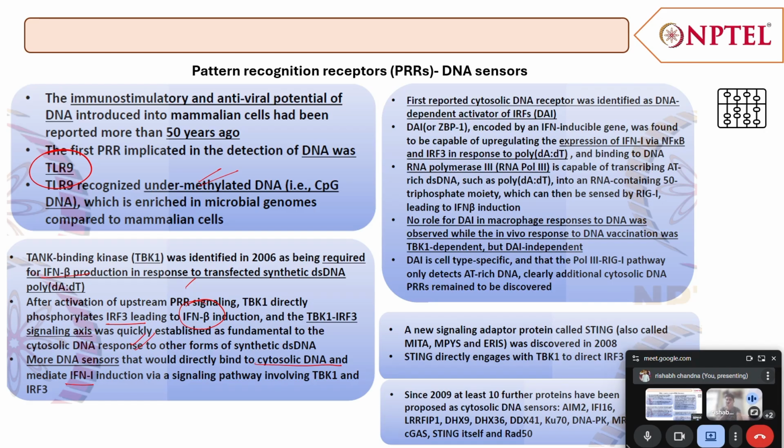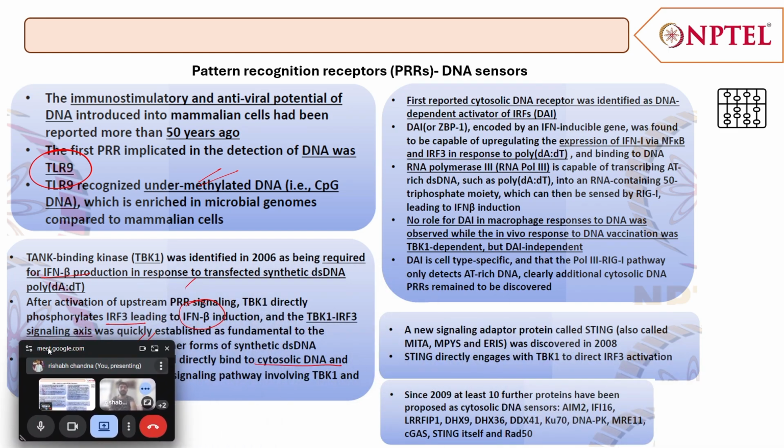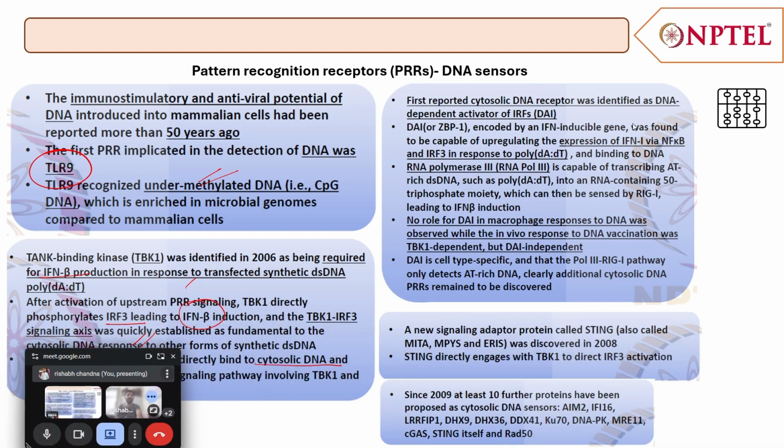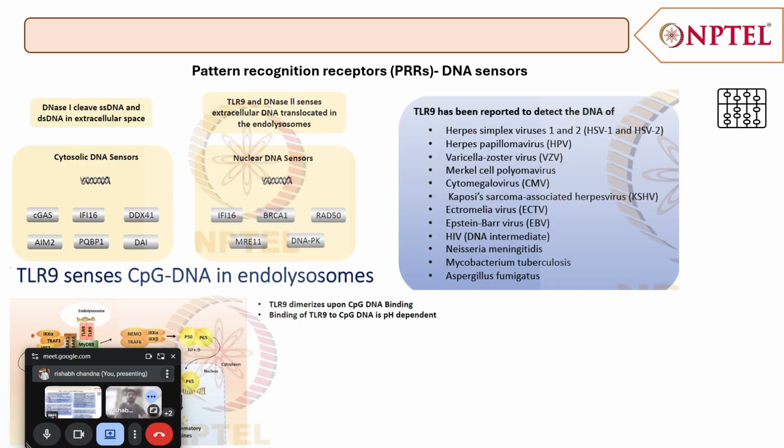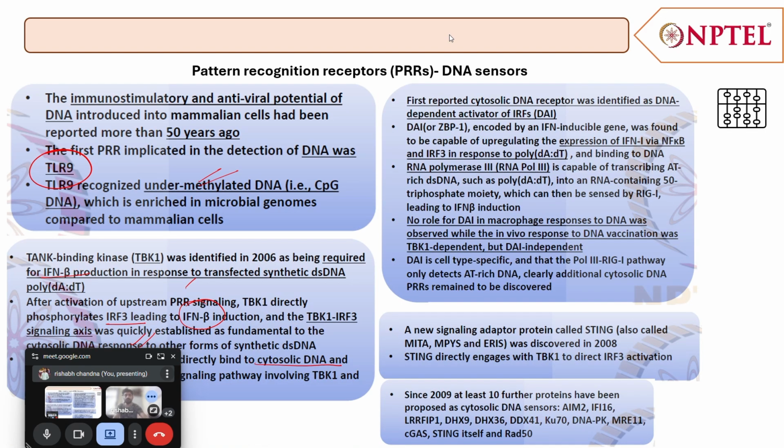Okay, similarly, now second was TBK1, TANK binding kinase. The third one was the first reported cytosolic DNA receptor, identified as an activator of the IRFs, that is DAI, or ZBP1.